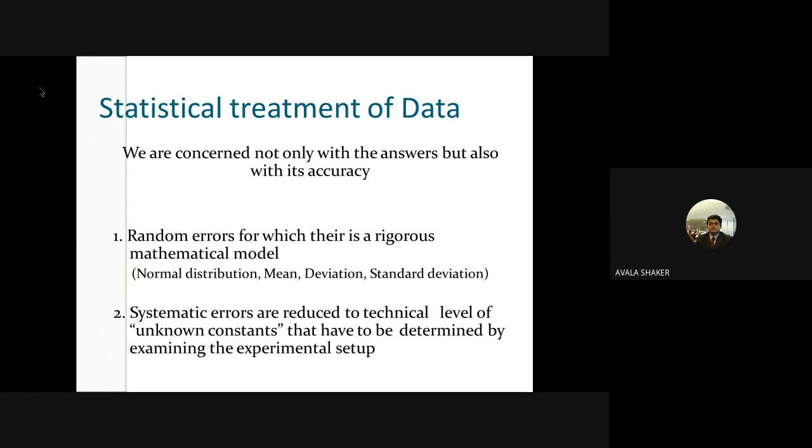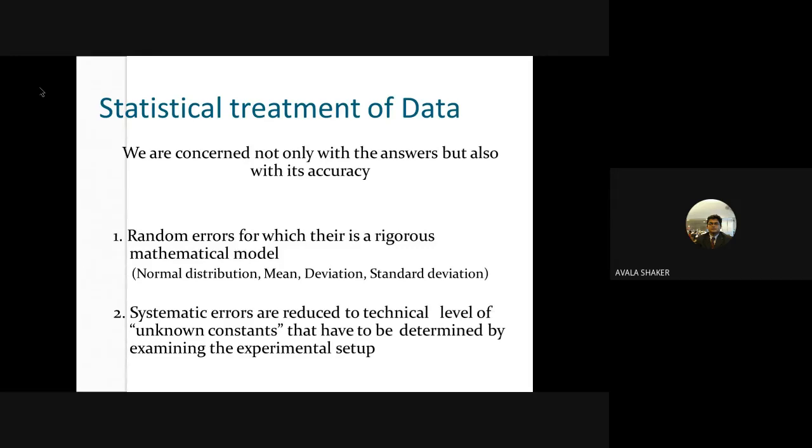One is random errors. Yeah, so random errors can be estimated. Okay, but the systematic errors cannot be estimated. They have to be eliminated. How can you eliminate them? You can have different techniques of eliminating them. Suppose your graph, you are expecting it to pass through origin, it is not.